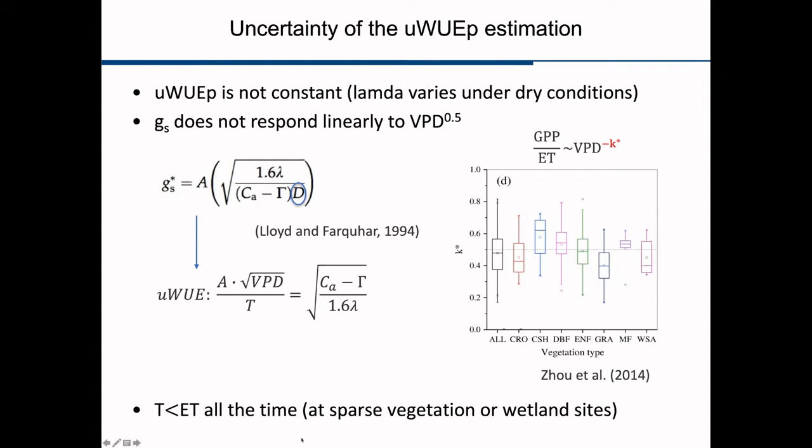Another uncertainty of the uWUEp estimation comes from sites where T is always less than ET, for example, sparse vegetation or wetland sites. So our uWUE method is more appropriate for forest, grass, and agricultural ecosystems with relatively high vegetation cover.